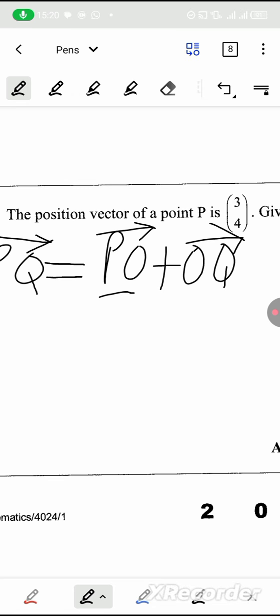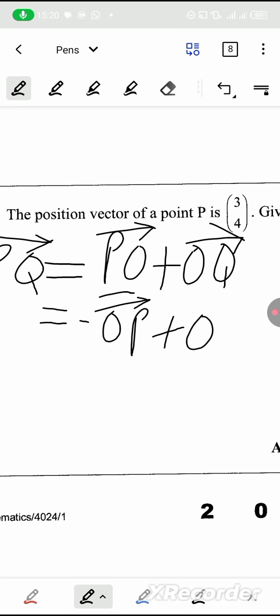To write it properly, it will be negative. Vector PQ equals negative OP, then plus OQ, because here there is no opposite direction. The direction is just following.